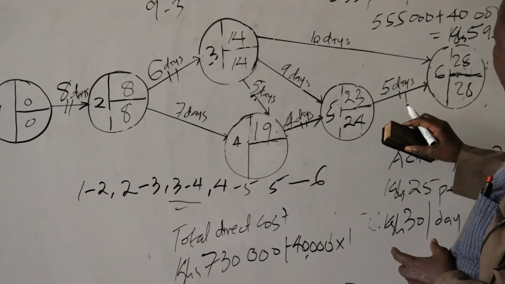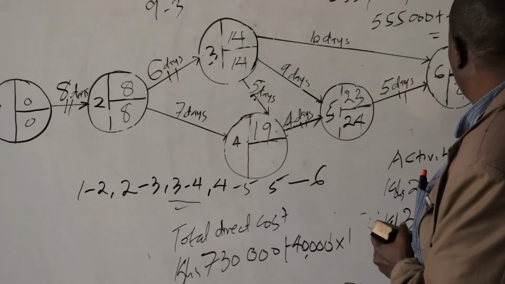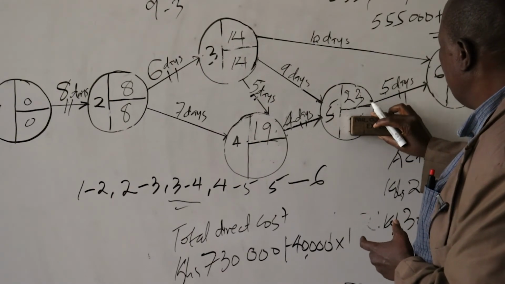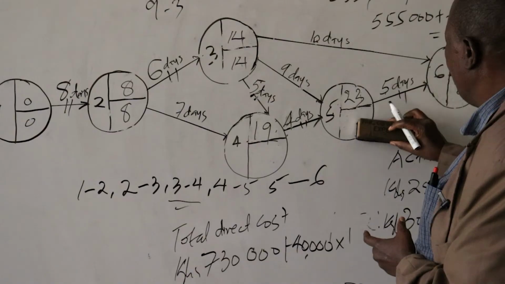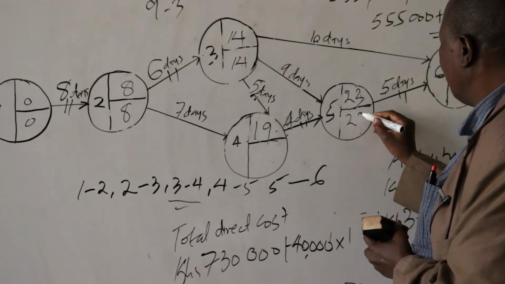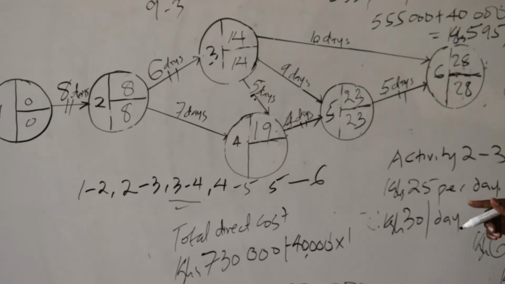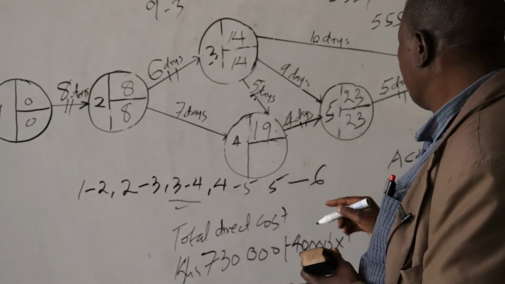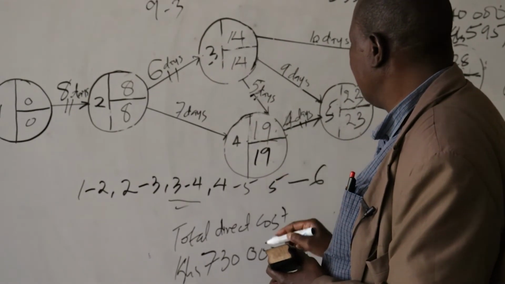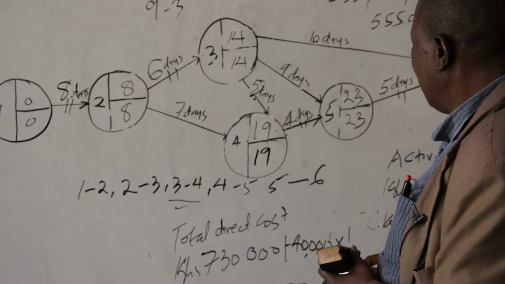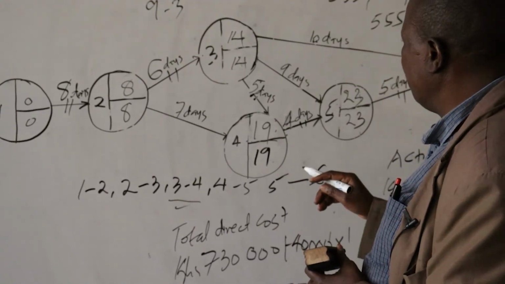Backward pass: 28 minus 5 is 23. 23 minus 4 is 19. 19 minus 5 is 14.